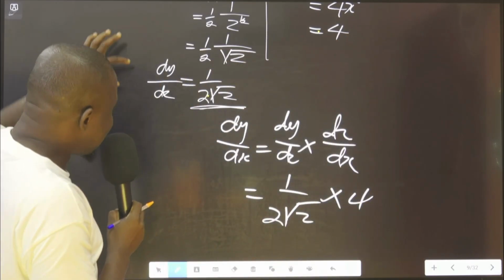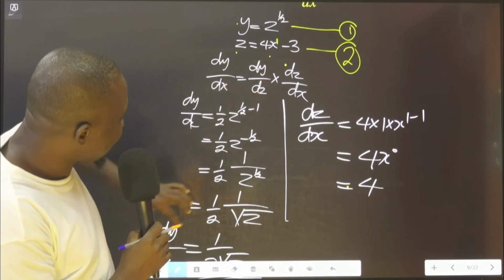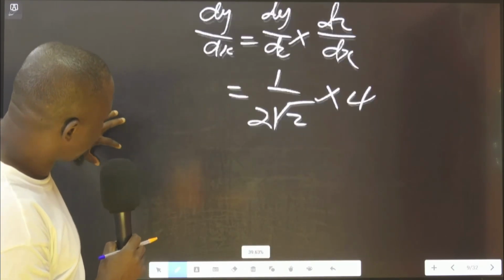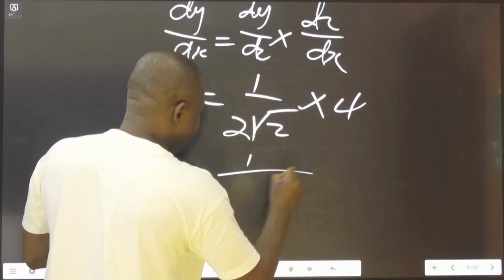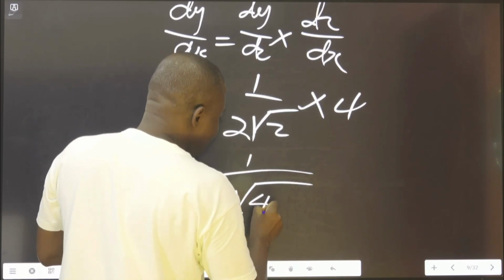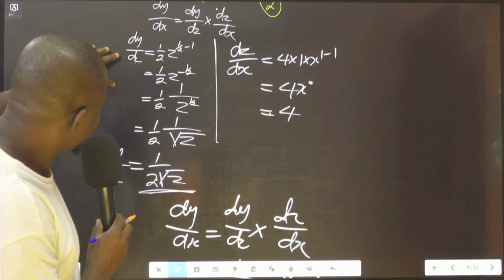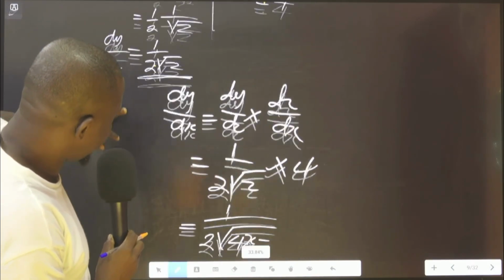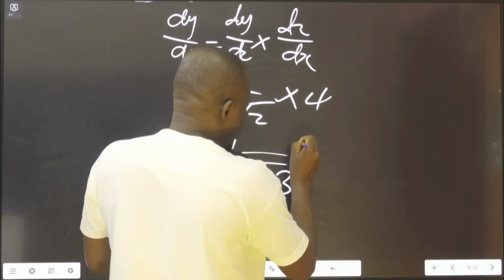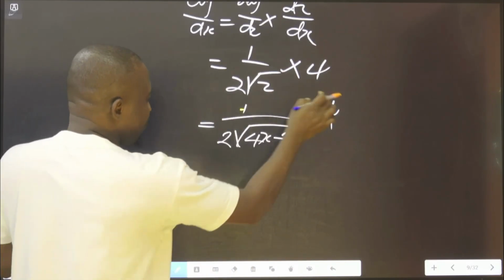What is z? z is 4x minus 3. We substitute 4x minus 3, multiplied by 4.